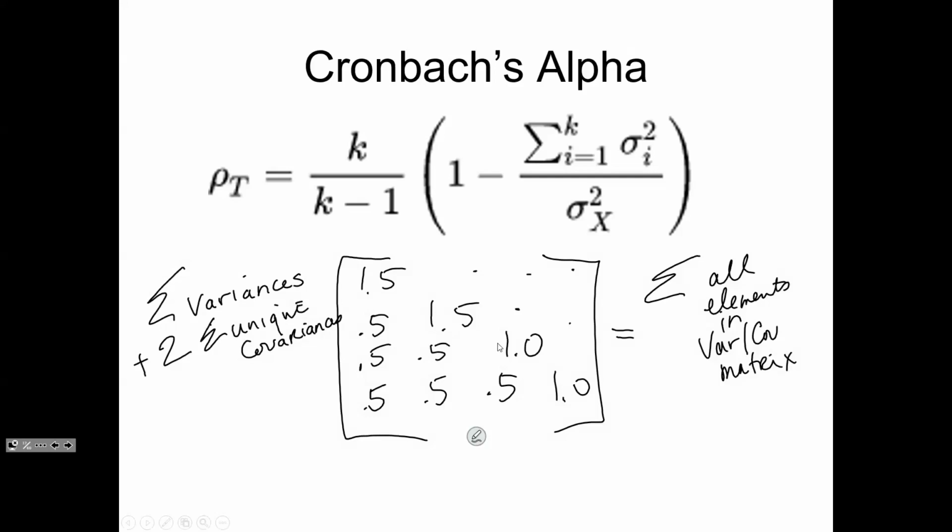So you could just take the whole thing. If you have the matrix in Excel, you can literally just take the whole thing and say, now what's the sum of this matrix? That will actually give you the sum of the variances plus 2 times the sum of the unique covariances, or equivalently, the sum of the whole covariance matrix, the whole square.